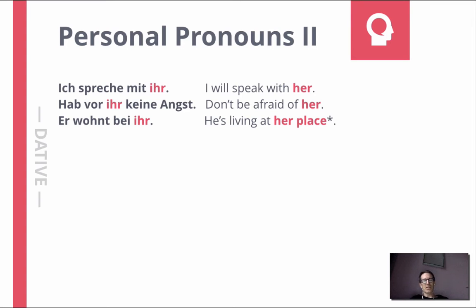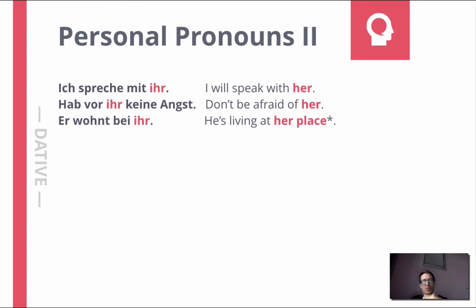I've put an asterisk after place just to make you aware that in English you have a noun following, but that's due to the very specific nature of talking about someone's place. In German we are very efficient here. If you say bei ihr, that implies that she lives at a place. In English you have to mention that for whatever reason.